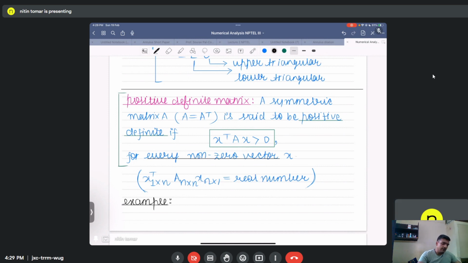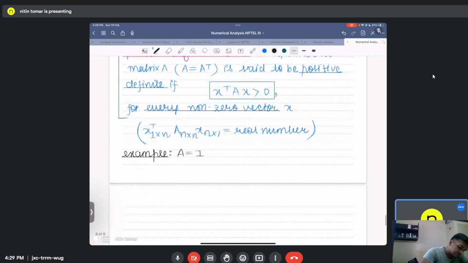So, for example, if you take A to be identity, then what is x transpose Ax? It is just x transpose x, right? Yes, sir.